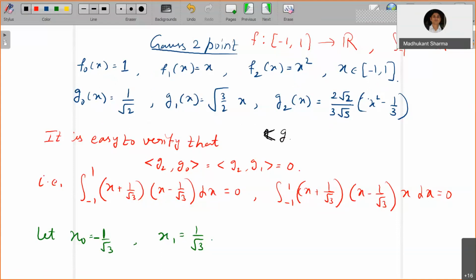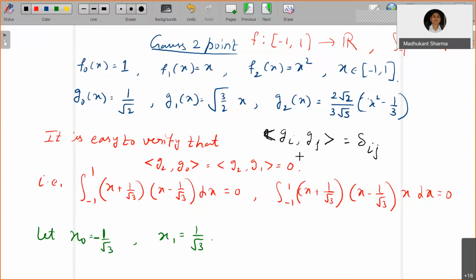which are such that any pair gi comma gj behaves like the Kronecker delta function. It will be 1 whenever i equals j, and it will be 0 when i is not equal to j. And we know that these polynomials are nothing but the Legendre polynomials.